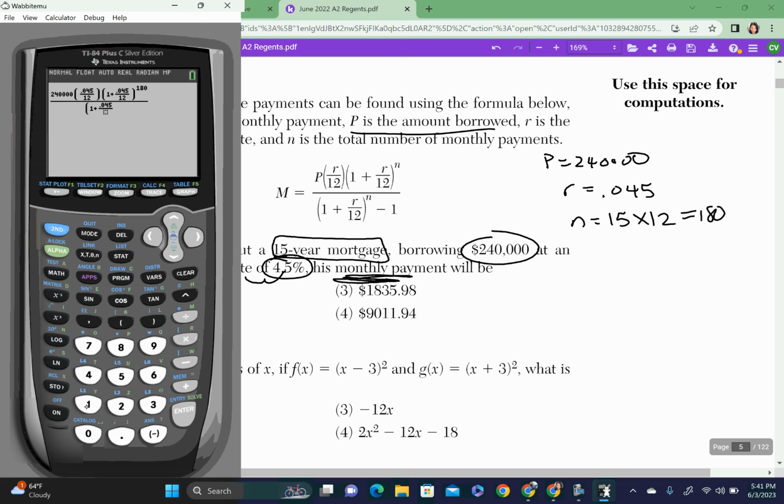Go to the bottom, put a 12, close those parentheses, raise it to the 180 power, and then I put -1, hit enter, and it gives you 180,1835. And yep, that is choice number 3. Good.